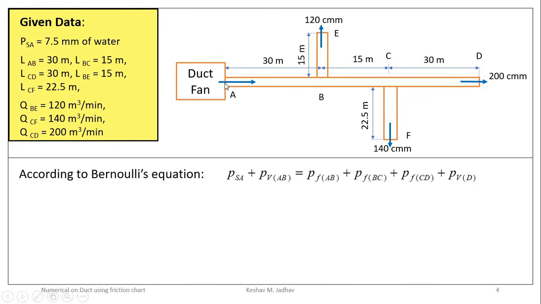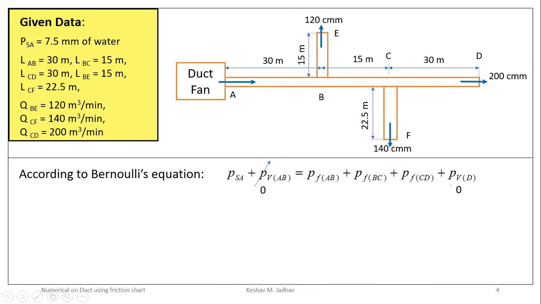This total pressure at point A will be equal to pressure loss due to friction in section AB plus pressure loss due to friction in BC plus pressure loss in CD plus velocity pressure at exit D. In numerical, it is given that consider friction losses only.